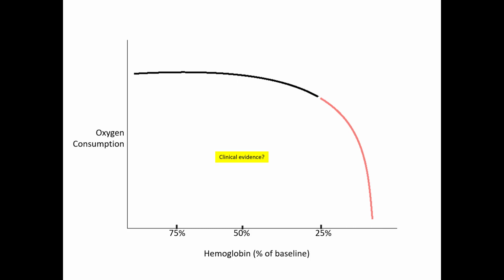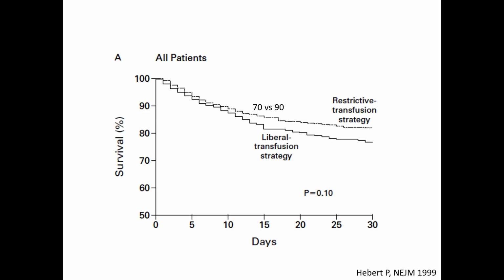And so in the subsequent few slides, we'll review some of the clinical evidence for restrictive transfusion threshold, now that we've seen that patients and healthy volunteers can tolerate significant anemia. Now, this is a landmark study done in critical care patients published in the late 90s.